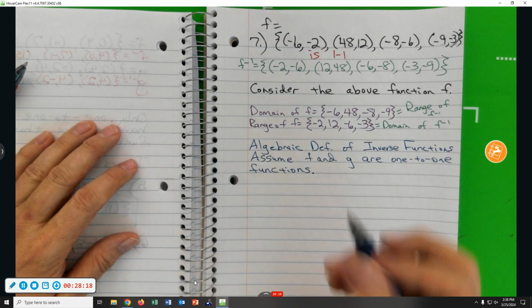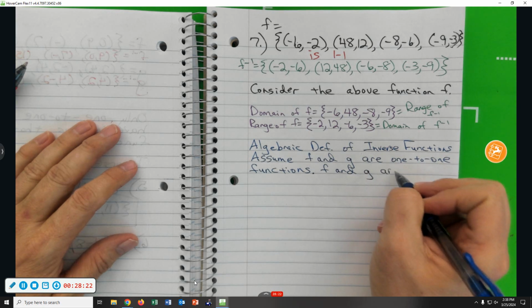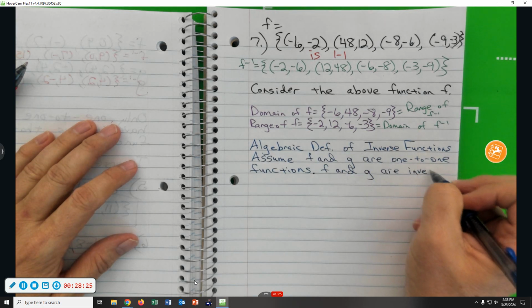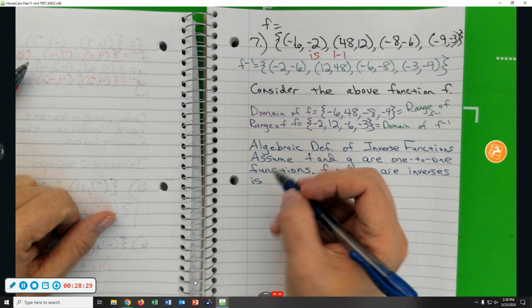F and G are said to be inverses if each of the following is true.